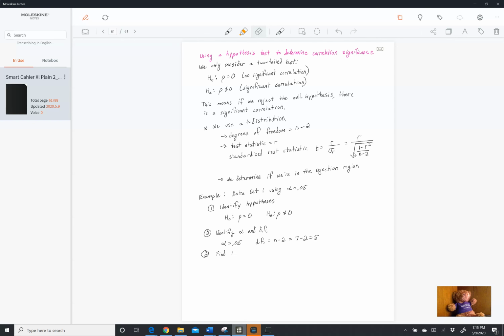Step 3, find the rejection region using the t-chart. So let me open that.